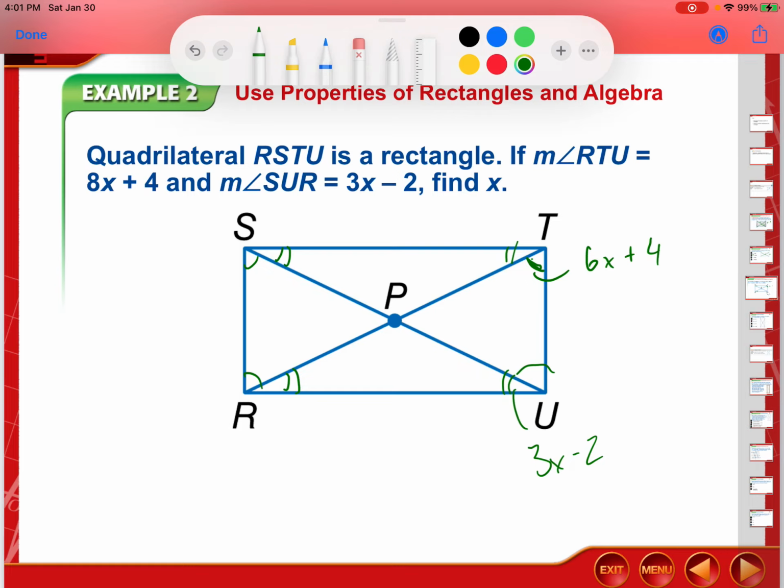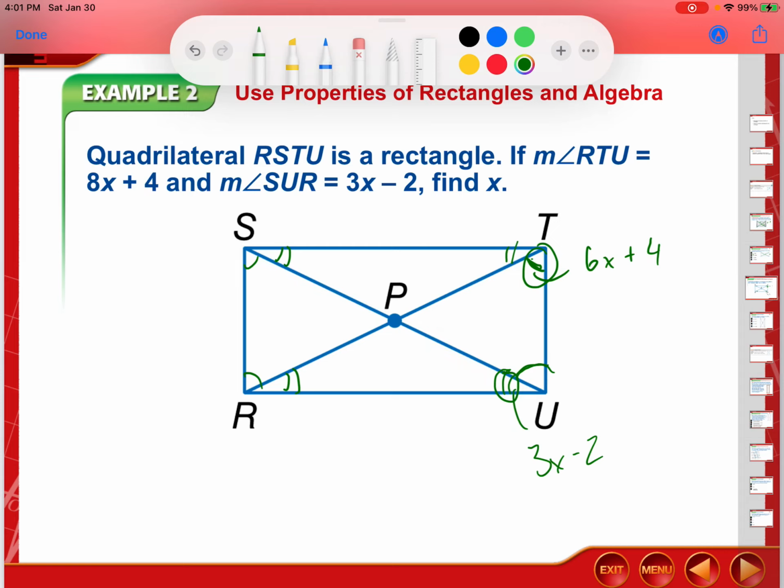The cool thing about these is every single one of these triangles made by the diagonals is going to be an isosceles triangle. So the two base angles are going to be congruent in each case. And if we take one of our little base angles and one of our big base angles and add them together, we're going to get 90 degrees.